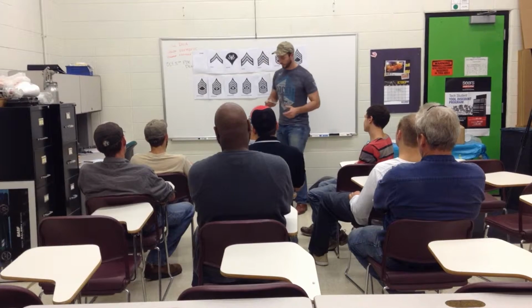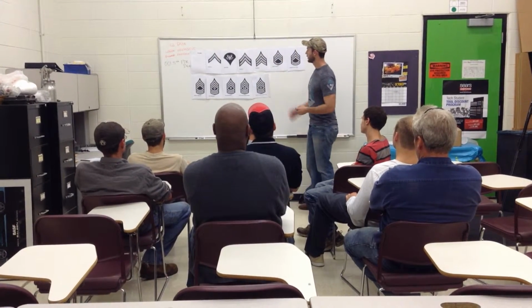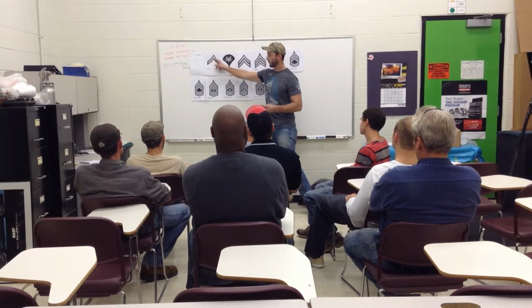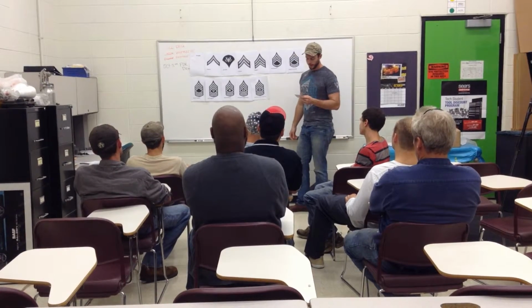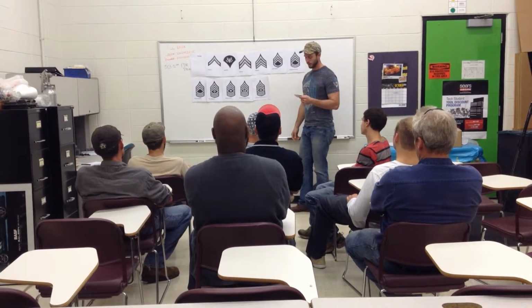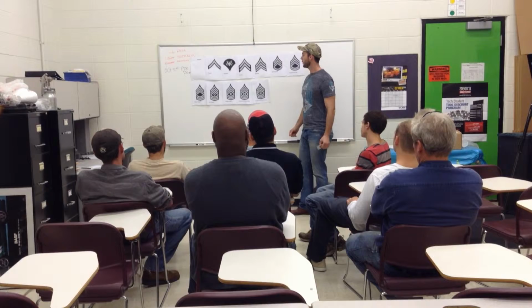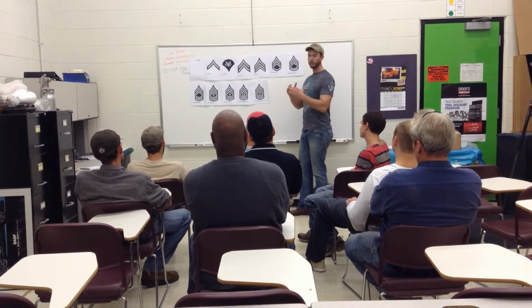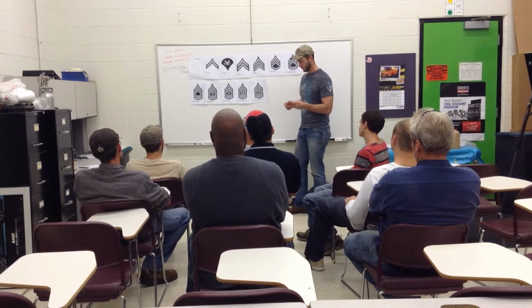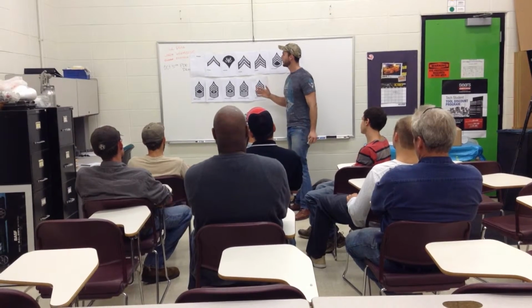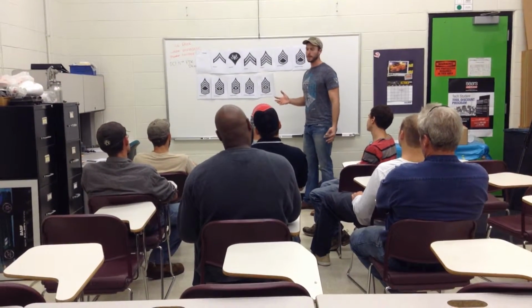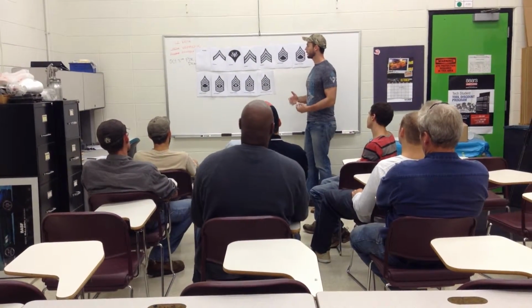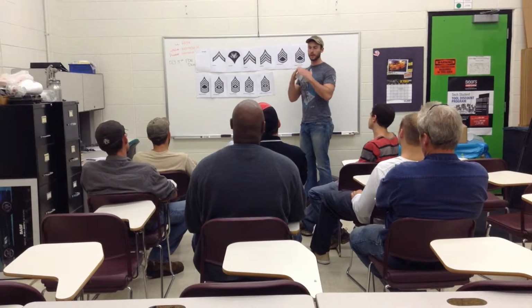The first thing you'll notice on almost all enlisted ranks are chevrons. This is a chevron. According to the Institute of Heraldry, the chevron is an architectural term used to denote a structure of rafters of a roof. In ancient times, the head of a clan would use it as a mark of honor to signify that he was the head of the house, like on top of the house.